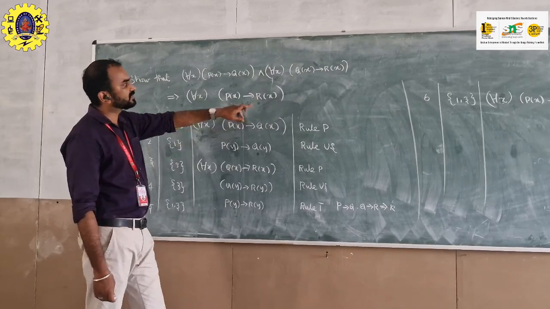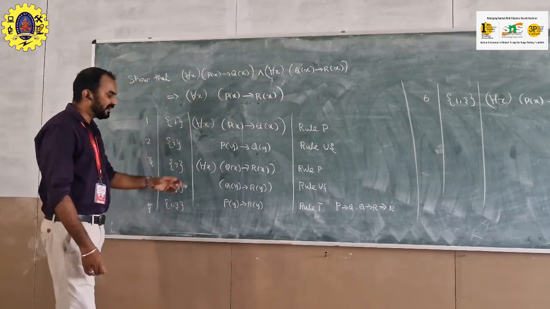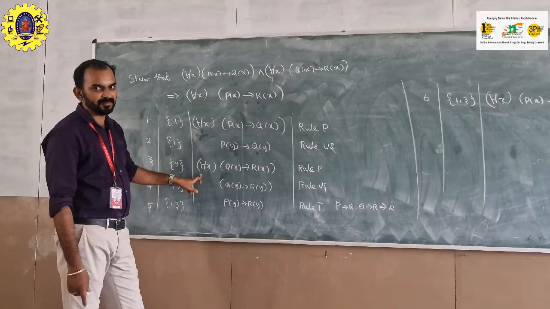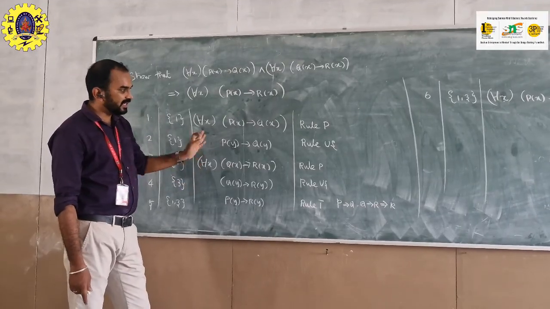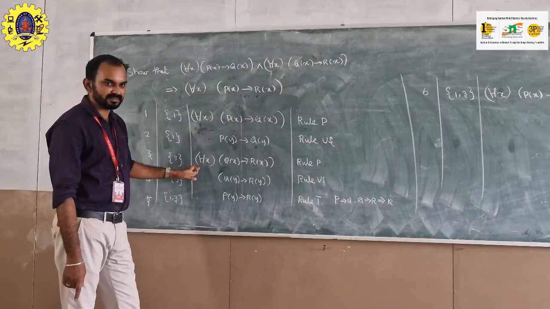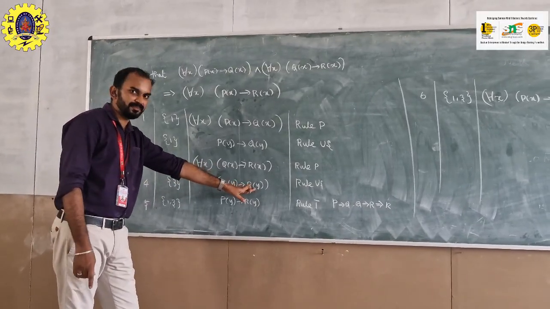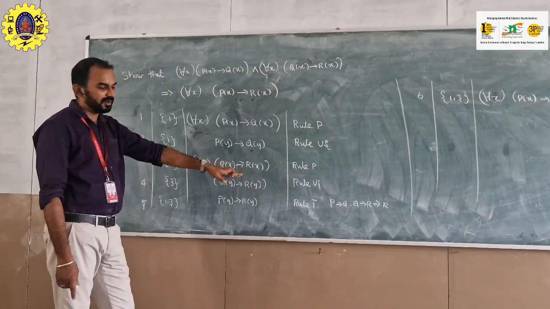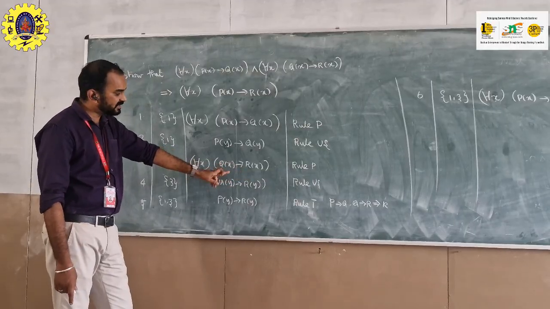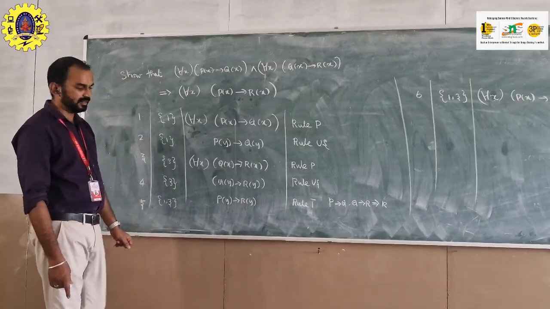Next, I introduce the second premise ∀x (Q(x) → R(x)). Here also we have for all x, so by using rule US again, we can cancel it. After that, we get Q(y) → R(y).